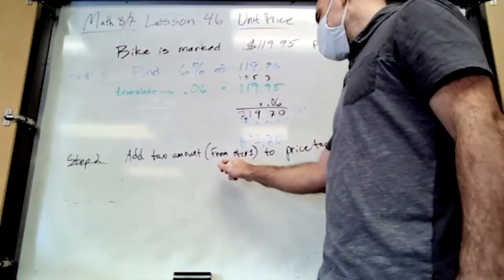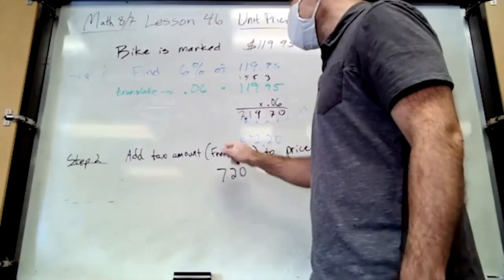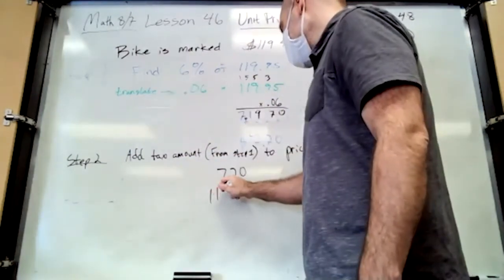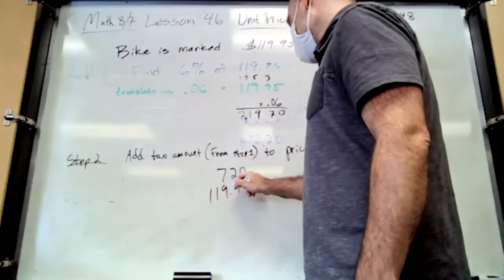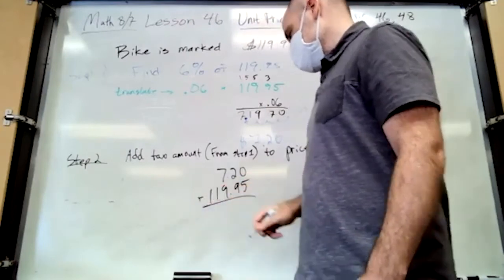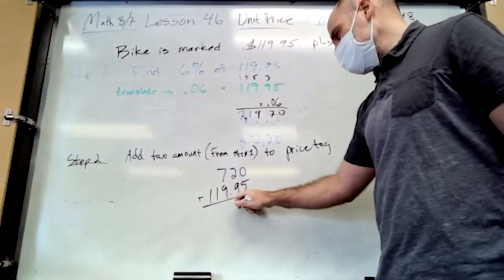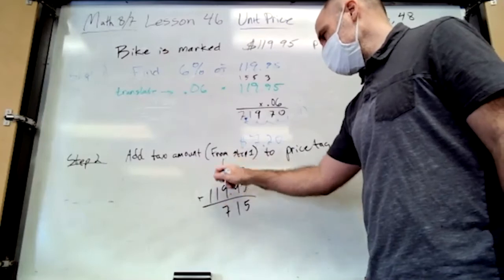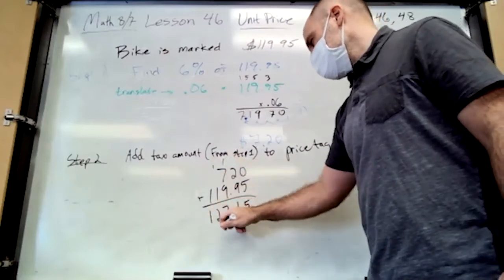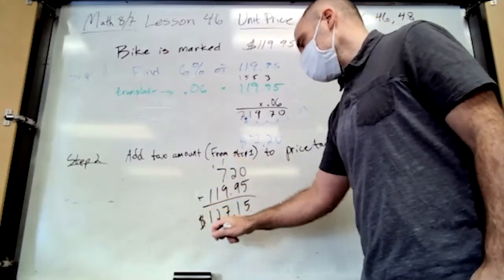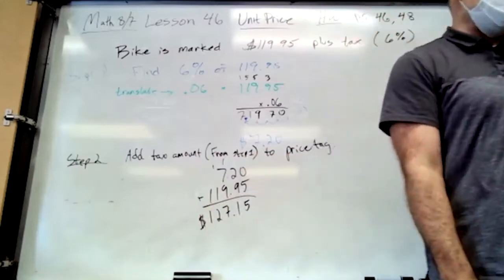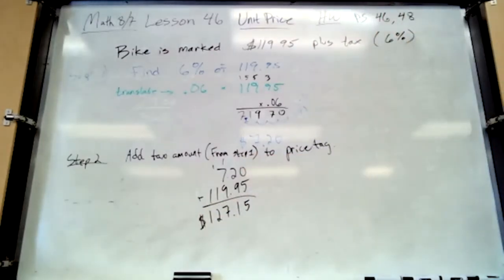So $7.20 is added to 119.95. Add these together: 5 plus 0 is 5, 11, carry the 1, 17, carry the 1. The decimal comes straight down. When you add decimals, you line them up and bring the decimal straight down. So that's our final price, $127.15.